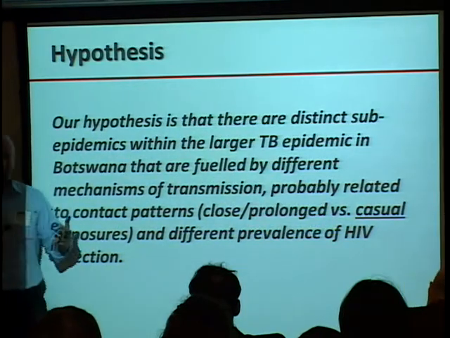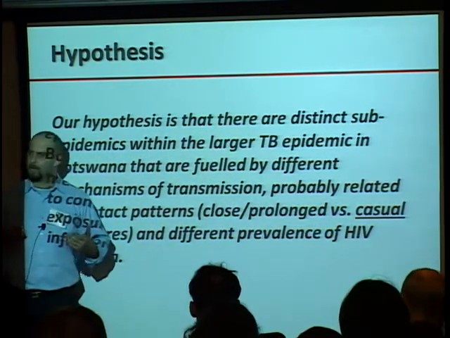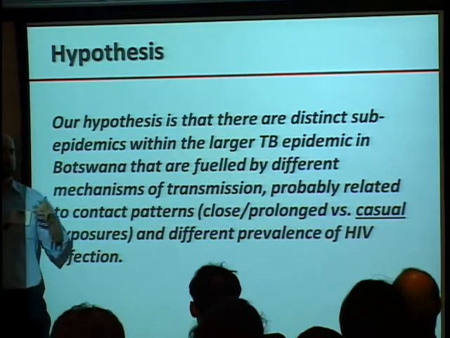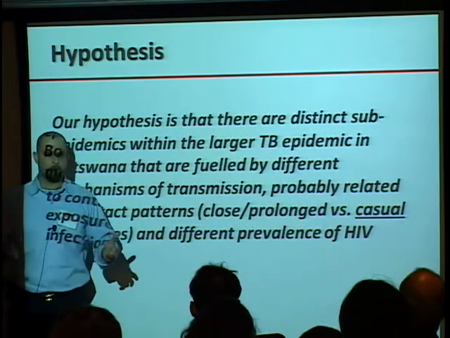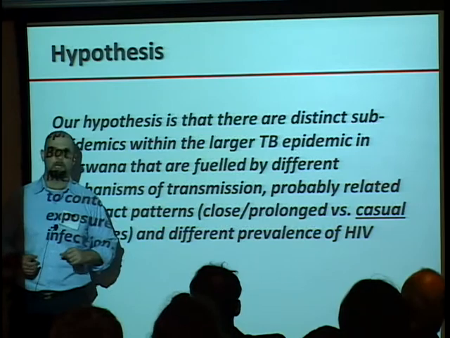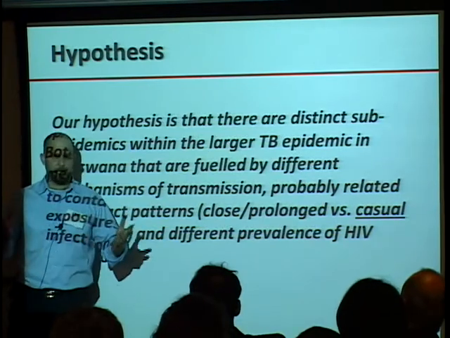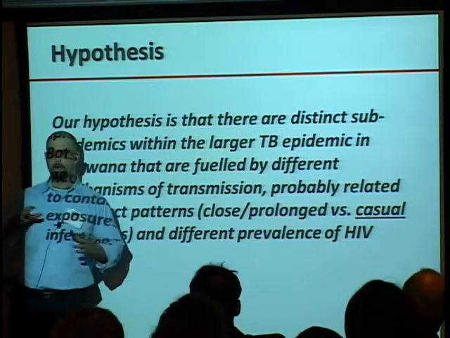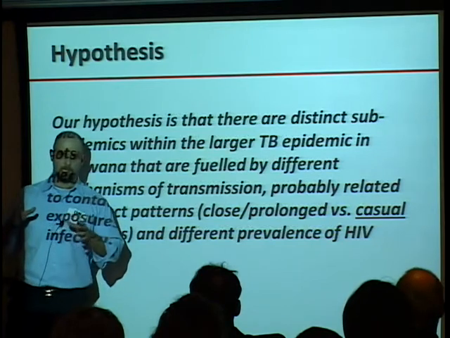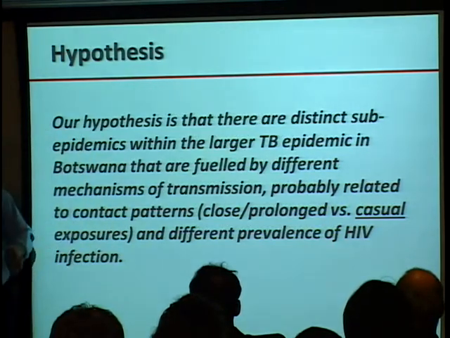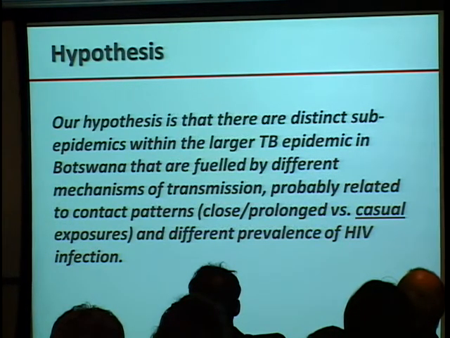So we believe that a casual contact, either in a combi or waiting for a few hours in a clinic or something like that, is enough for an HIV-positive patient to acquire TB, which is completely different than in immunocompetent patients that require prolonged, sustained exposure.